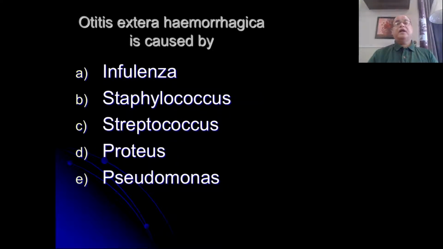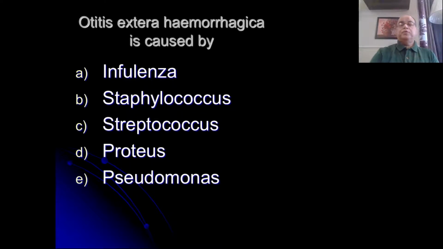Otitis externa haemorrhagica is caused by, now different options are there, and we know that this is a viral infection. So some virus would be the culprit for this otitis externa haemorrhagica. If we cannot pick it straightforward, or we are not sure about that, either it is influenza or some other.